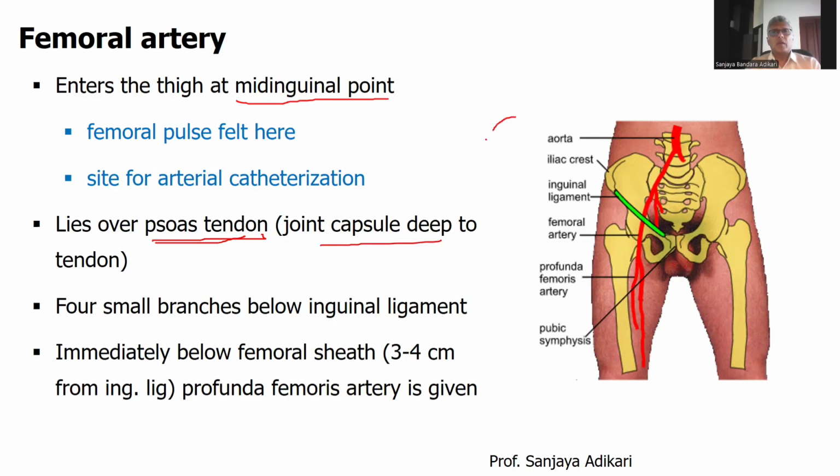So you have the hip joint capsule like this. You have the psoas tendon, and on that you have the femoral artery like this. So we press from here and look for pulse. Okay, so this is the hip joint here. This is psoas tendon, this is femoral artery, and this is the capsule of the hip joint.